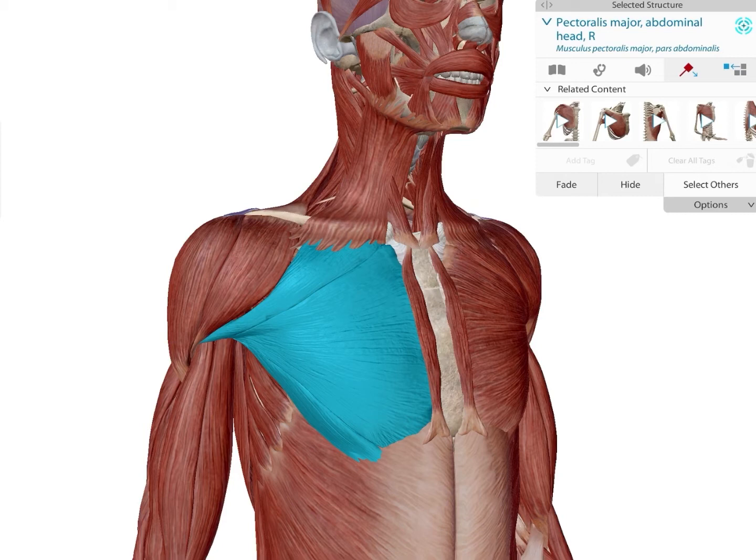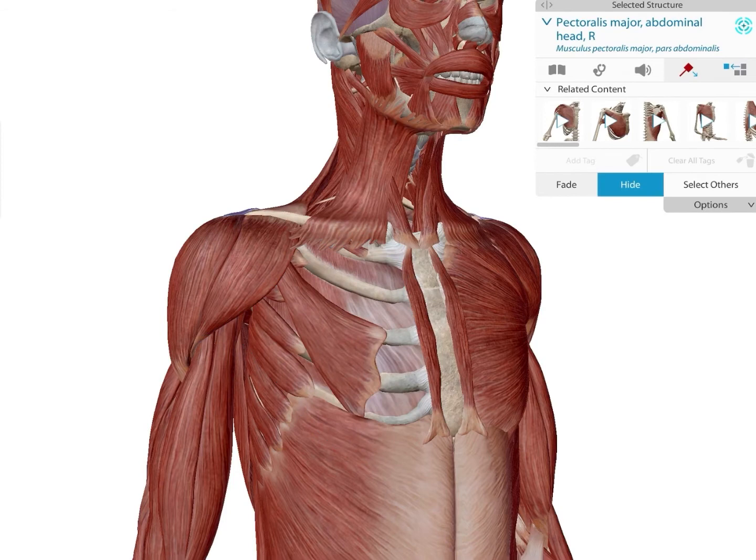I want you to go and read about it. It's very interesting. The insertion is on the lateral lip of the bicipital sulcus of the humerus. Okay, I'm going to hide it now so you can have a look at the next one.